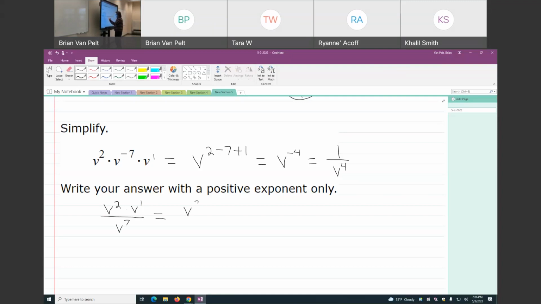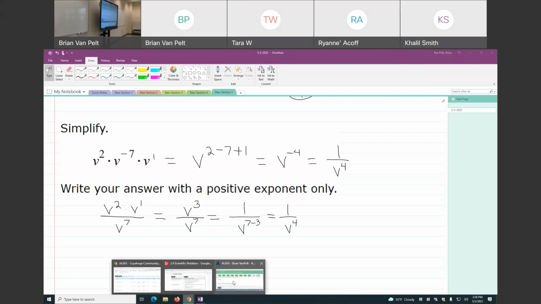But b to the 3rd on the top, b to the 7th on the bottom, and then you'll use the quotient rule. So either one of those ways will be perfectly fine. And there may even be more than I'm not showing you.